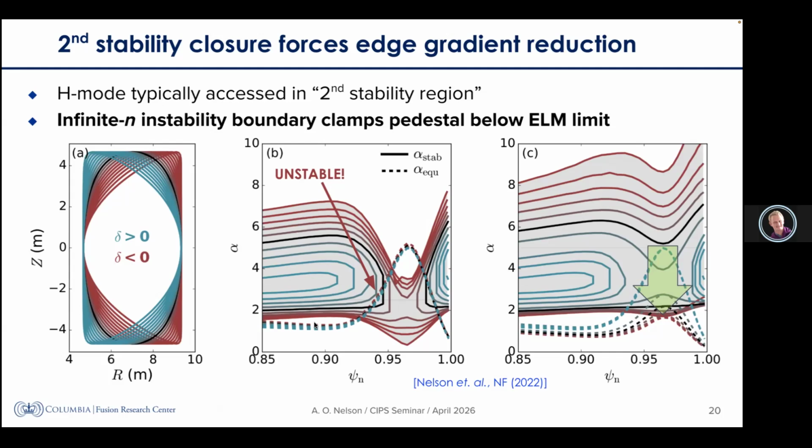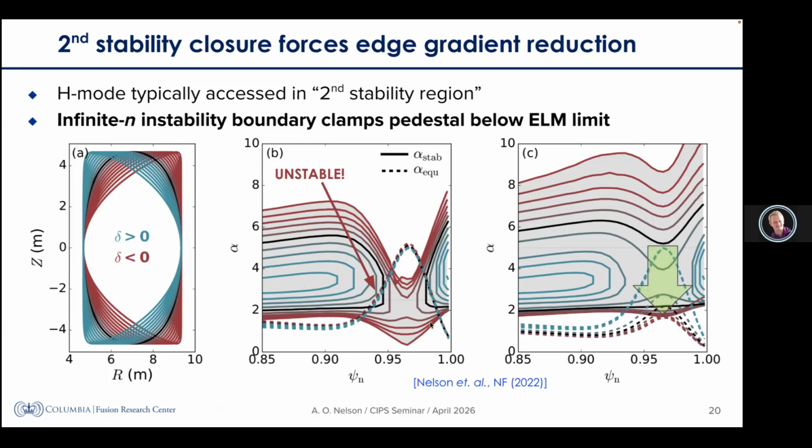For the blue curves, the positive triangularity, you can see that there's an instability right here, which is well above where we have our gradient. There's a little bit of instability right here, but importantly, there's a blue instability limit right where the pedestal is. So in positive triangularity, you have a gap in your stability limit for ideal ballooning, which lets your pedestal grow up. In negative triangularity, this gap doesn't exist. The instability line goes all the way across.